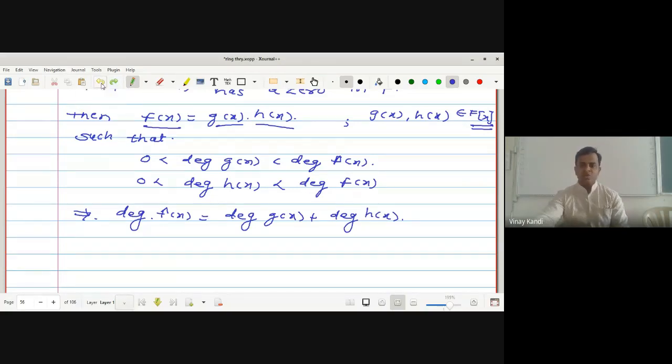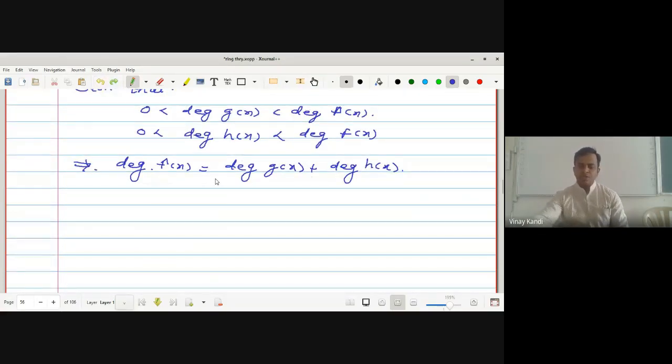So here the degree of f of x is equal to degree of g of x plus degree of h of x. Why? Since F is a field, and a field is an integral domain.